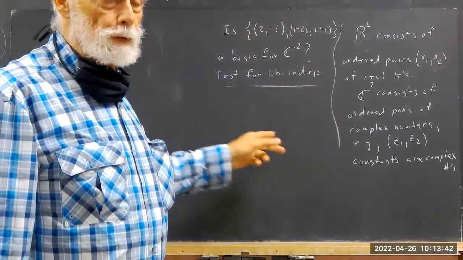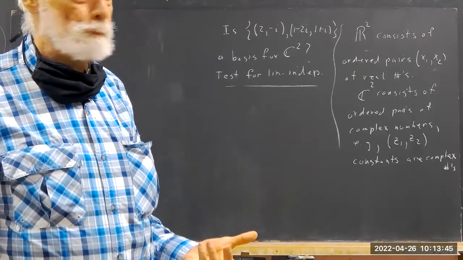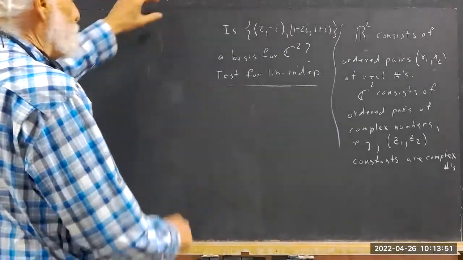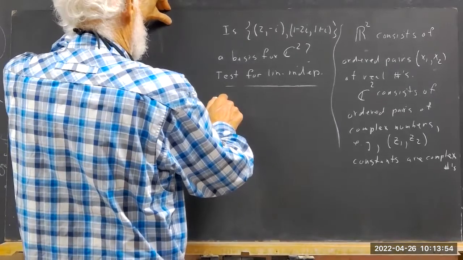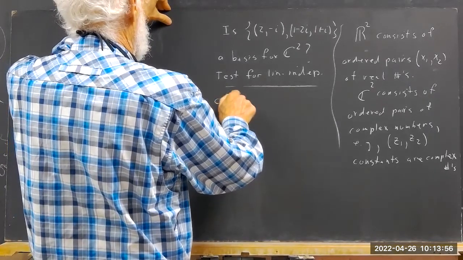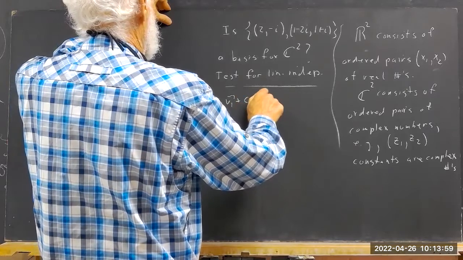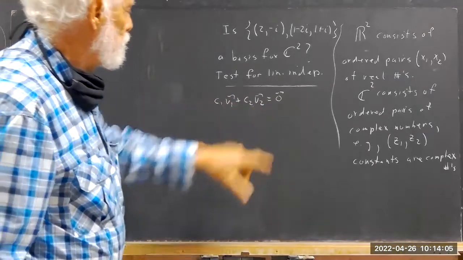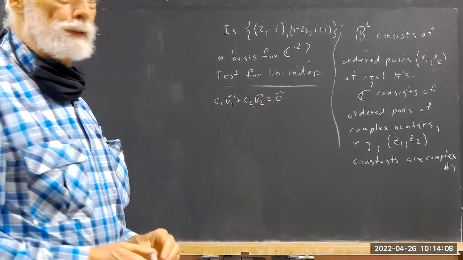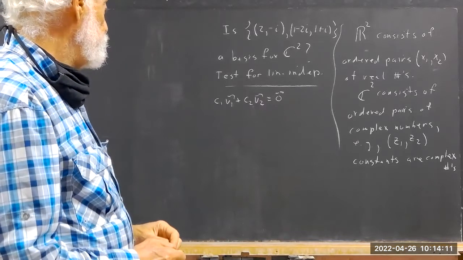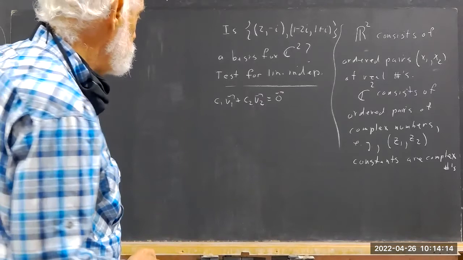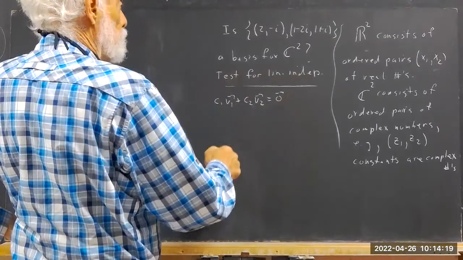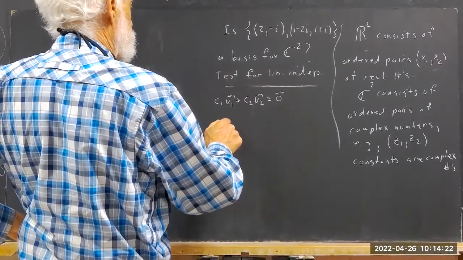To find whether a set is a basis, first you test for linear independence, right? How do we test for linear independence? You test whether C1 V1 plus C2 V2 is 0.